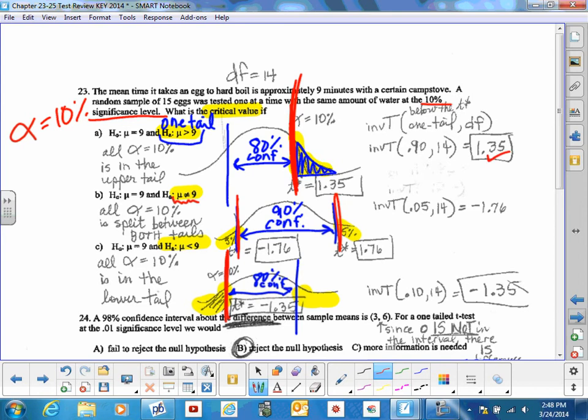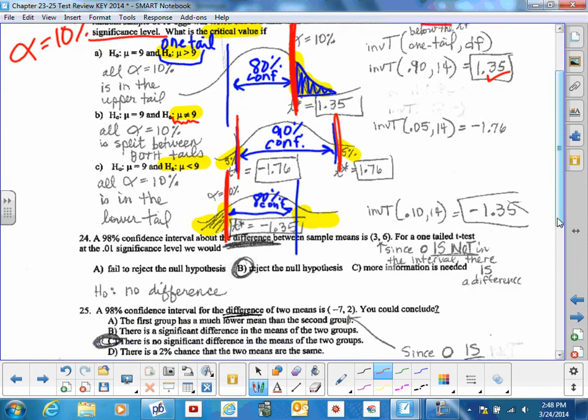C is almost identical, it's just this lower tail. Since the entire 10% is in the lower tail, it's the same symmetrical critical value, but negative 1.35 because it's inverse t of that lower 10%. Okay.